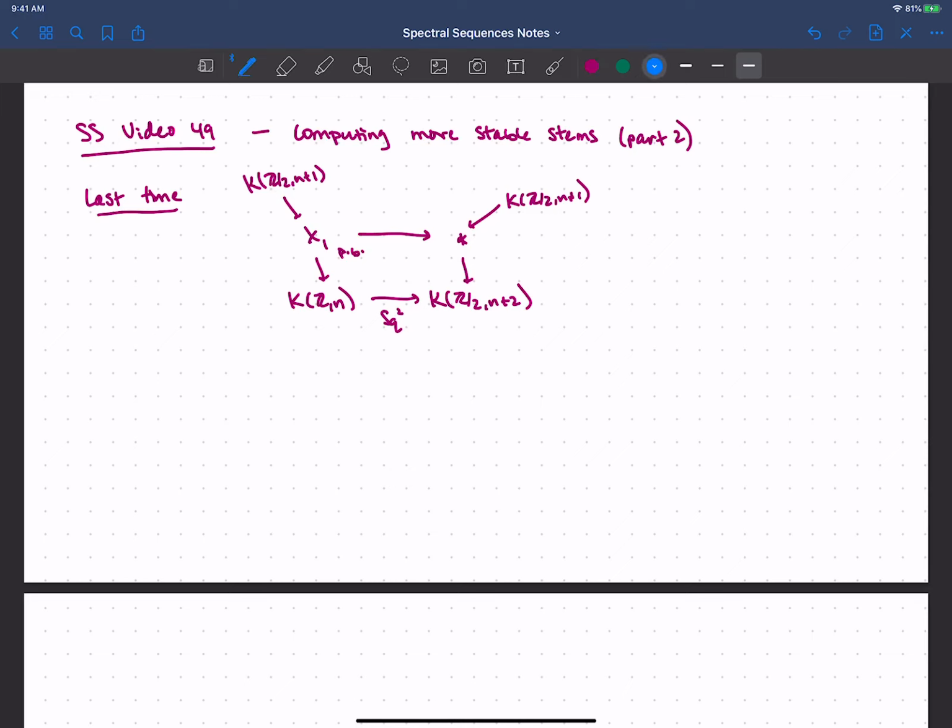Okay, and then we looked at this fibration and we ran the cohomological Serre spectral sequence, mod 2, right? Everything was in mod 2 coefficients. We were talking about the 2 component.